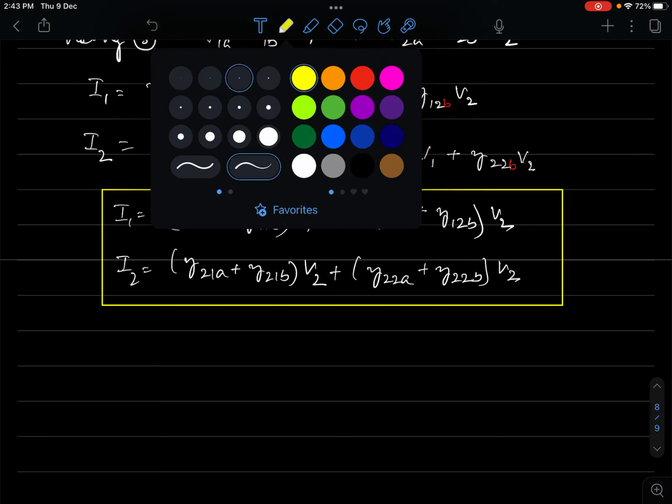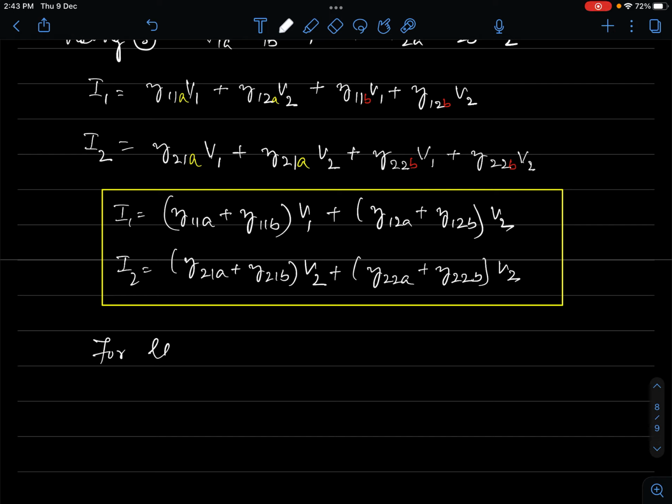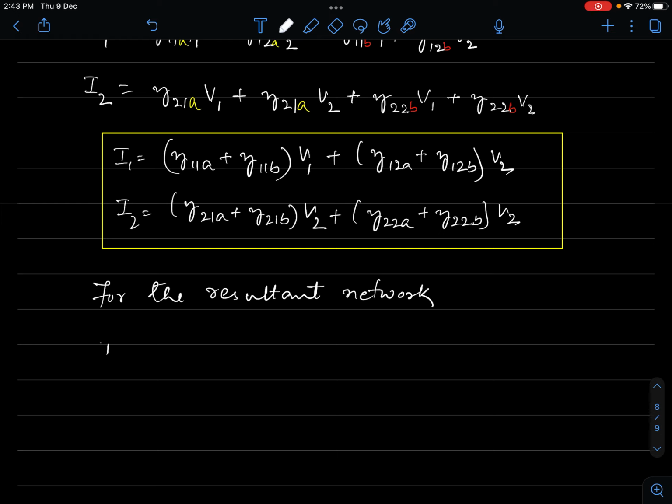So it's very clear. Now for the overall resultant network, we can write I1 equal to y11 V1 plus y12 V2, and I2 equal to y21 V1 plus y22 V2.